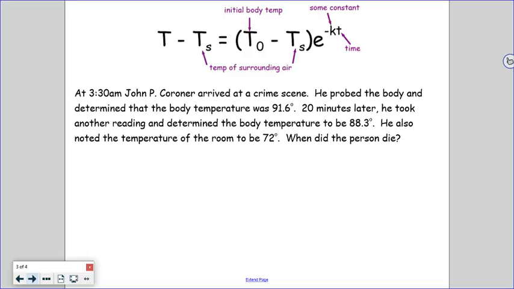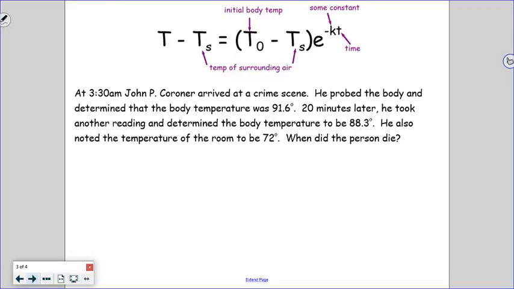Consistency along our units. I can think of our information as ordered pairs, where our independent variable is time. Our dependent variable then becomes our temperature after such amount of time. And they do say that when he walks in the room and probes the body right then, it was 91.6.